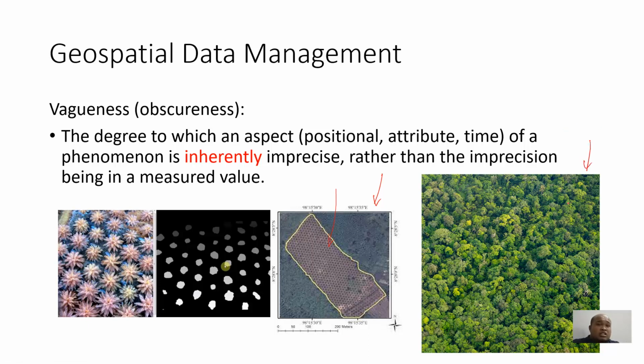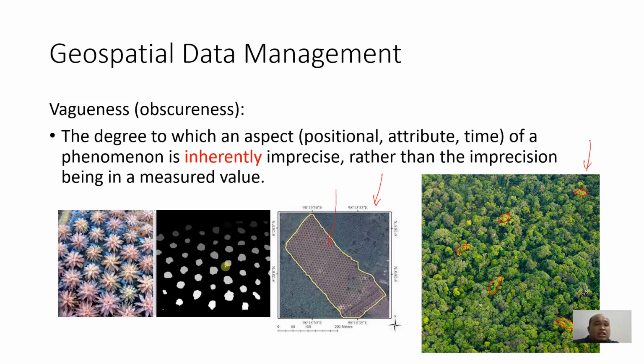Let's say the question is how many durian trees are in this forest? So perhaps the system can detect a certain form of canopy, let's say this one, and this, and the combination of colors and whatnot, right?